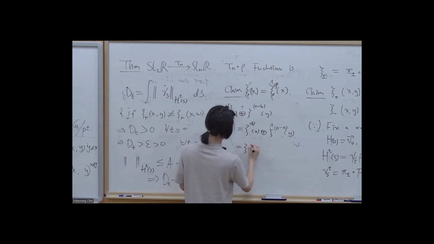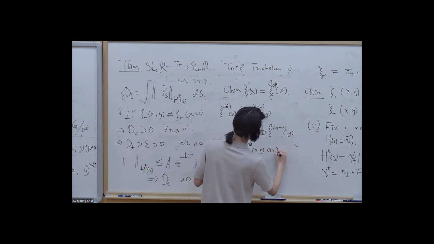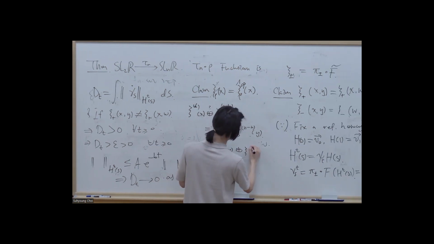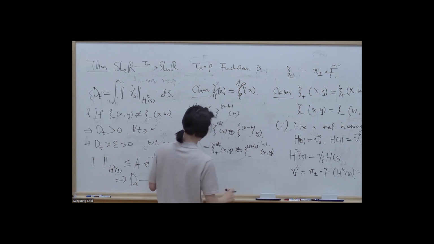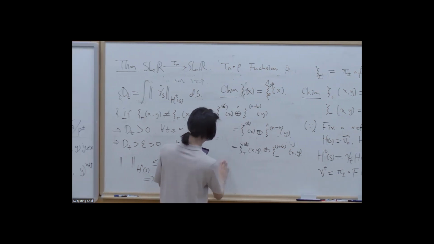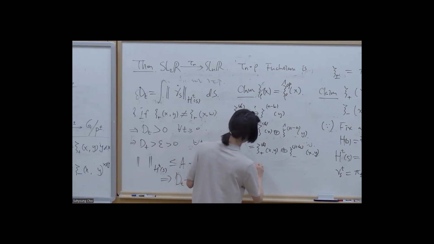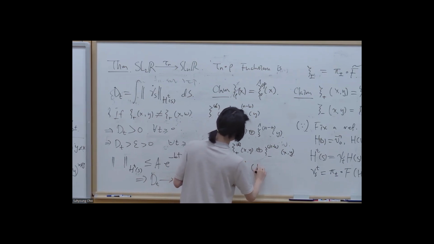And this is by definition a of x, y. This is k, y minus, and yes, that's the R^n direct sum.